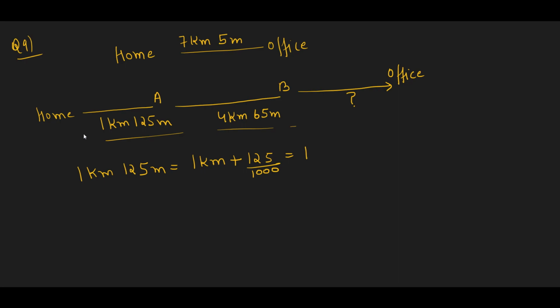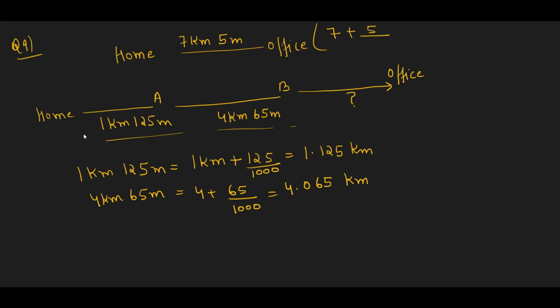So this will be 1.125 kilometers. And 4 kilometers 65 meters, on converting, will be 4 plus 65 divided by 1000, so this will be 4.065 kilometers. You will add these two first, and you need to convert this 7 kilometers 5 meters also into kilometers. So 7 plus 5 divided by 1000. So this will be 7.005 kilometers.